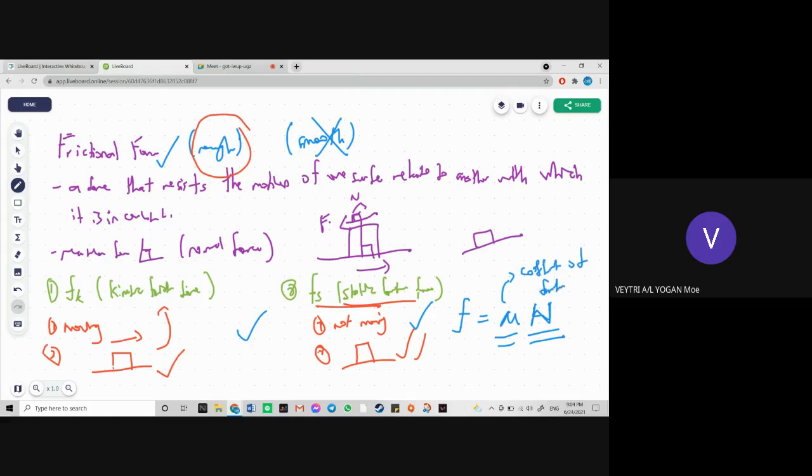Mu will always be given in the question. It's like a list of constants, but not really. Different objects have different coefficients of friction. That is number 1. Number 2, sometimes they will ask you to find the friction force and N, then find the coefficient. So I think you guys know, find this, then push it to that side, and you'll get your coefficient. Don't worry about the calculation, we'll get to it very soon. This is the basic formula for this force specifically.